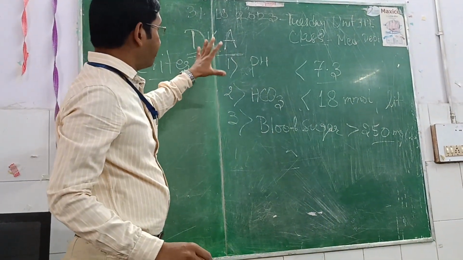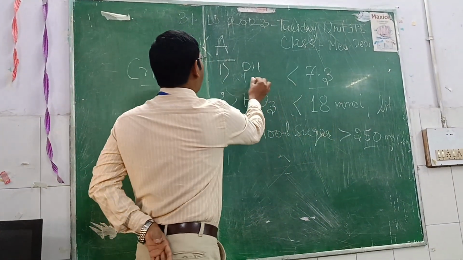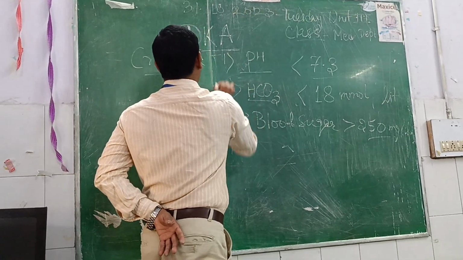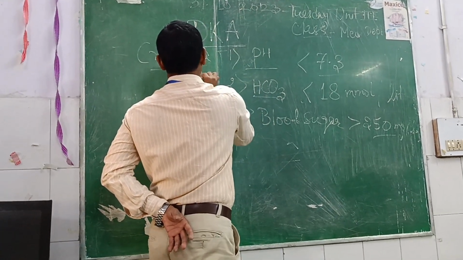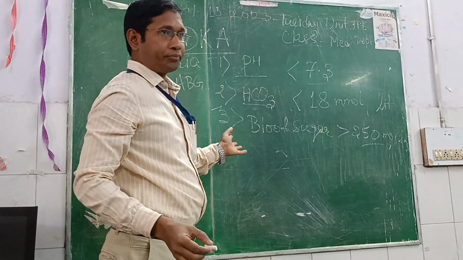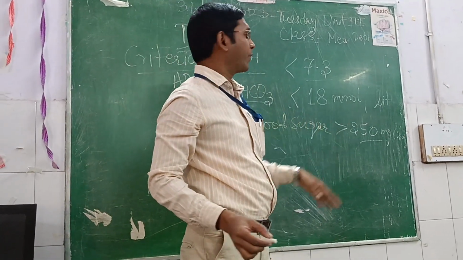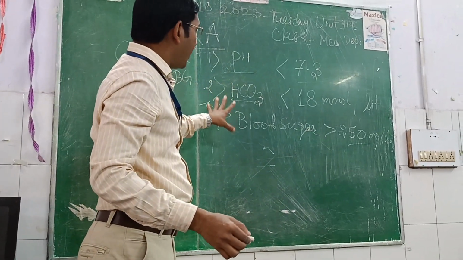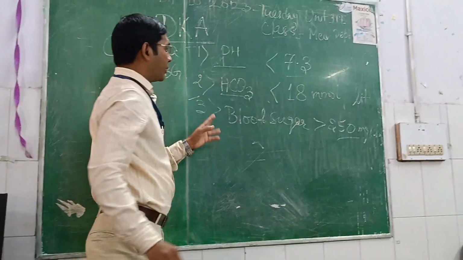These are the lab criteria. These two pieces of information will come after ABG, and this will be done by your simple glucometer testing. So these are by and large lab-based testing.